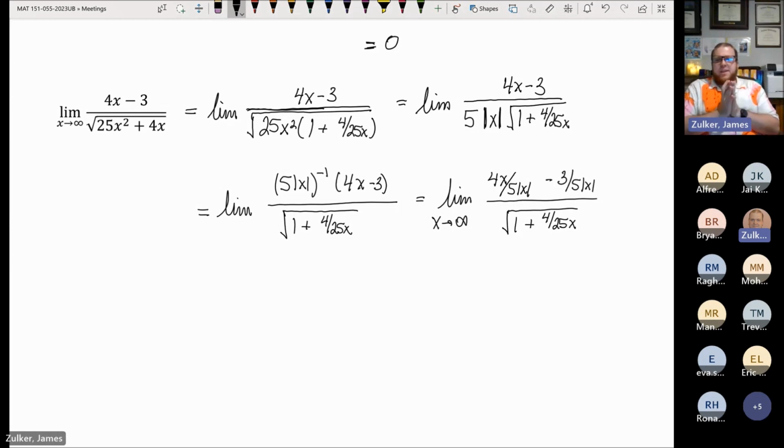If x is approaching infinity, then what can we say about the values of x? Specifically, how do they relate to 0? They're above 0, they're positive values. We replace the absolute value of x with positive x because of that.